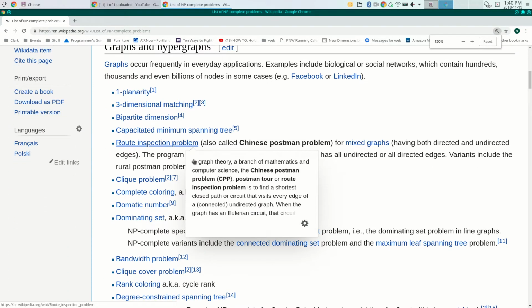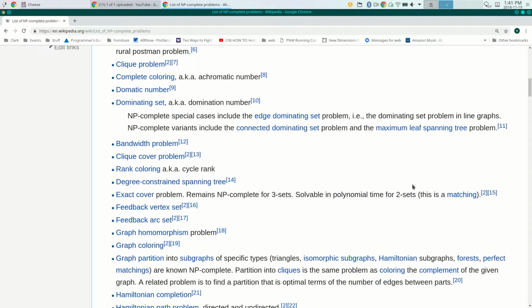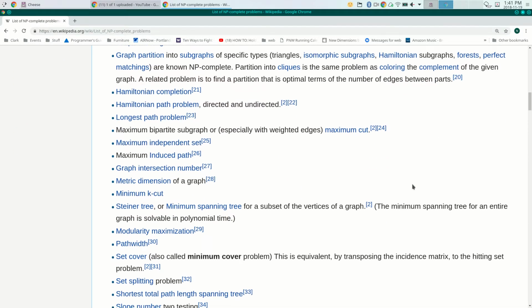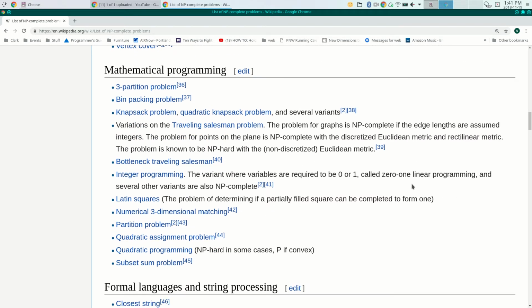So all of these things are in some sense equivalent to traveling salesperson. There's some things in set theory here. There's some things in map coloring. There's some things in graph theory related to finding paths. There's some things we'll do in CSE 222, like the knapsack problem.